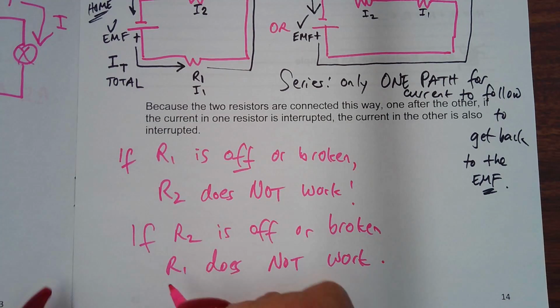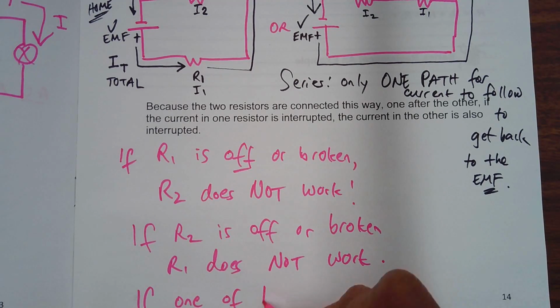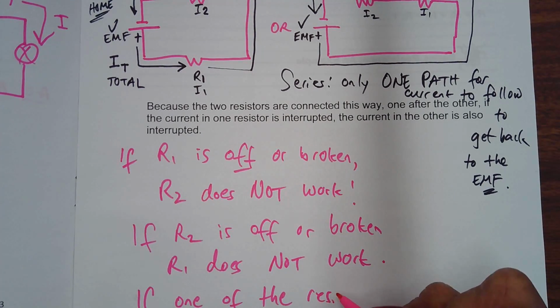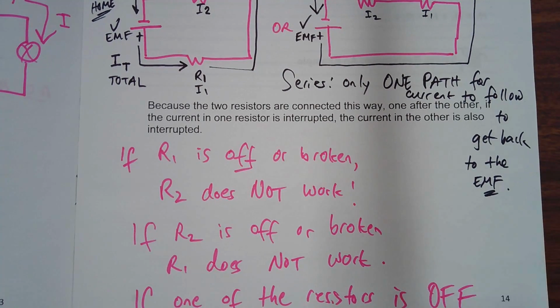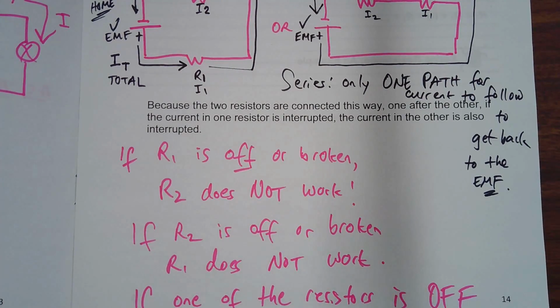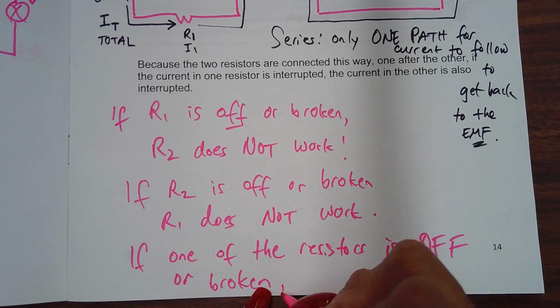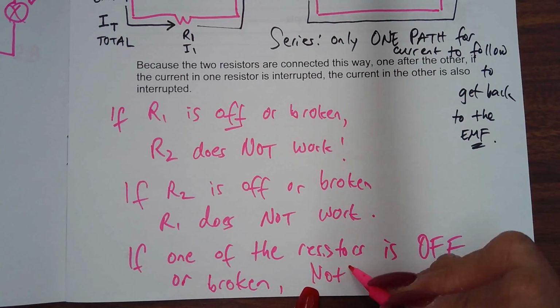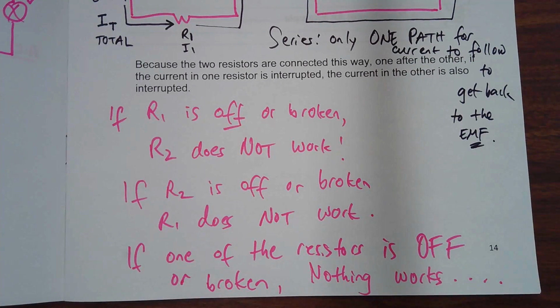So basically if one of the resistors is off, or the switch is off or broken, meaning there's a broken wire somewhere in the line, nothing works.